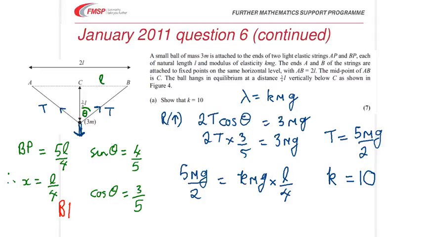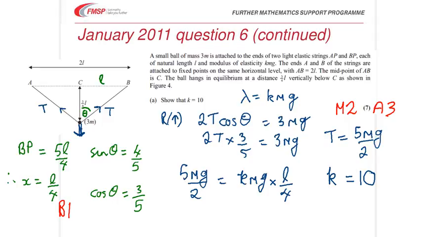We had 2 method marks and 3 accuracy marks for doing the resolving and putting together the resolving equation with Hooke's law. So M2 there, and A3 for this part. The 2 method marks were one for the resolving and one for Hooke's law.